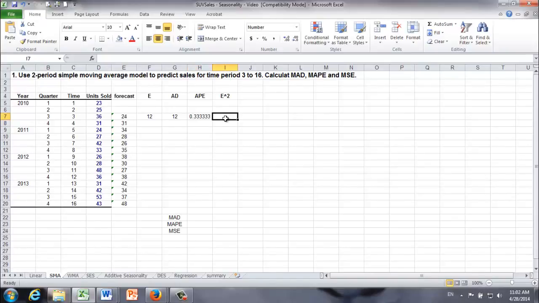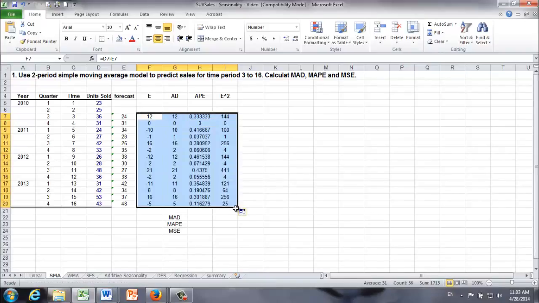In I column, we're going to calculate squared forecast errors. Here I use the notation E squared. So it's going to be equal to forecast error squared. Okay. Here I have formulas prepared for calculating forecast error, absolute deviation, absolute percentage error, and squared error. And then I'm going to copy and paste to generate information for all the other 13 forecasts.